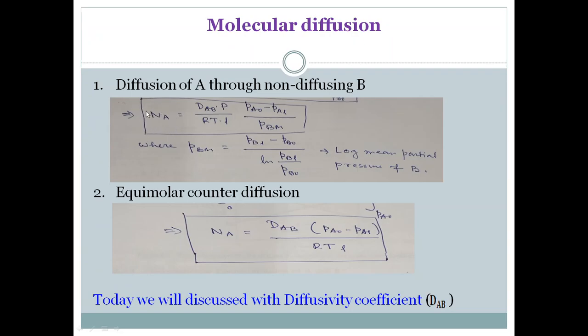If you want to increase this, how can we do it? If I increase the driving force, PA0 minus PA, that will increase the flux, but there is a limitation. For atmospheric pressure, the partial pressure cannot be greater than 1 atmosphere, or if you keep a high pressure, it will be some other way.